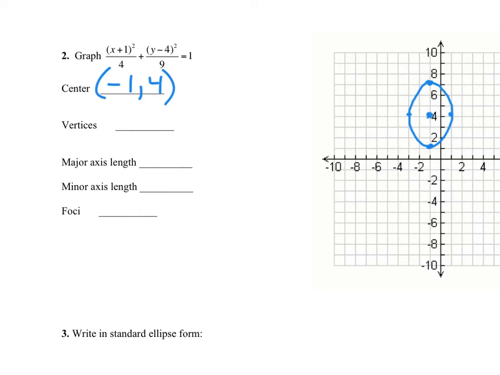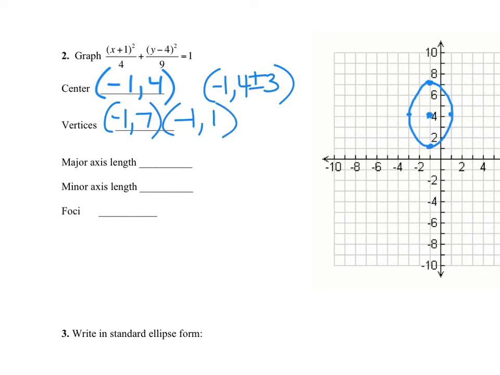All you have to do is everything's coming from the center. It's like this. -1 and 4, we're going to add and subtract 3 to it. 3 up and 3 down from the center. Those are our vertices. Or you can look at the graph and see it. So it's -1, 7, and -1, 1.